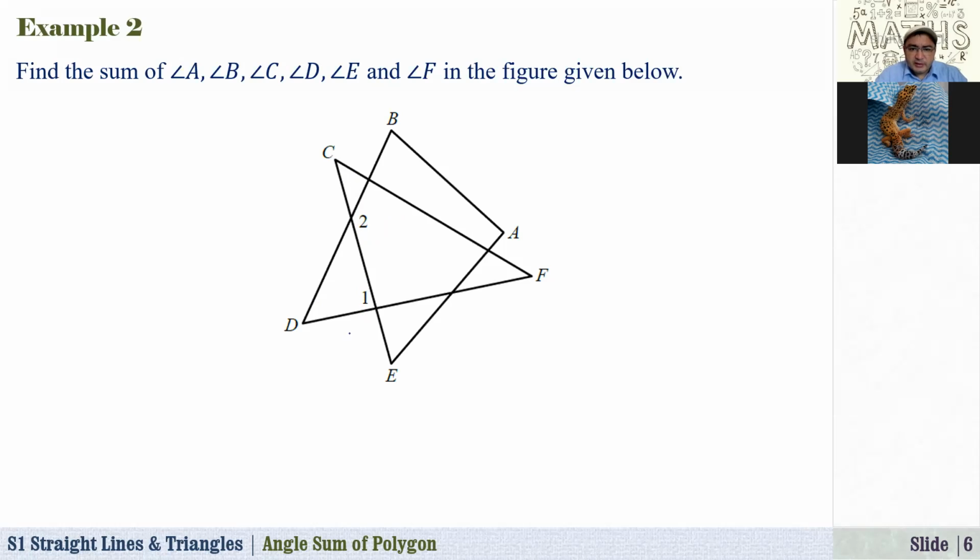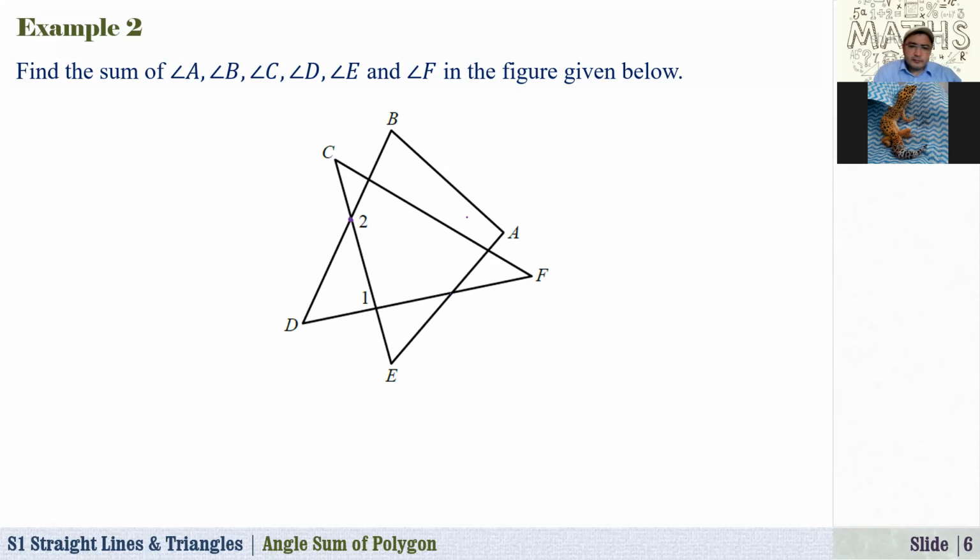What is angle 2? Let me just label some angles. Here we have 1, 2, 3, 4.